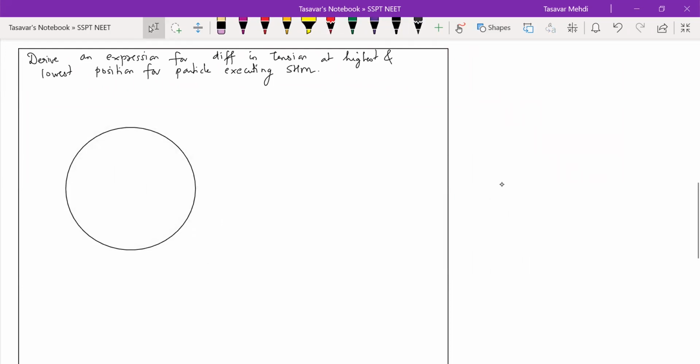So let us take a particle, which is at this position, and this will be the midway position, this will be the top position.